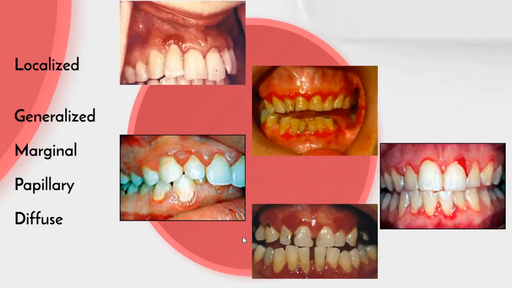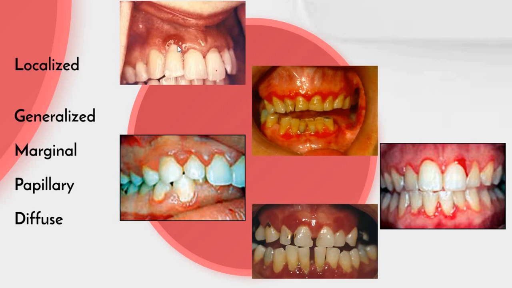According to the distribution, we have 5 classifications: localized gingivitis, generalized gingivitis, marginal gingivitis, papillary gingivitis, and diffuse gingivitis. In the localized one, for example, as in this picture, it's confined to the gingiva of a single tooth or a group of teeth.